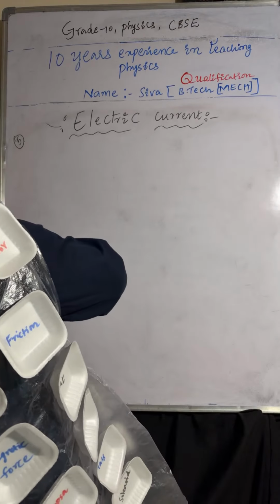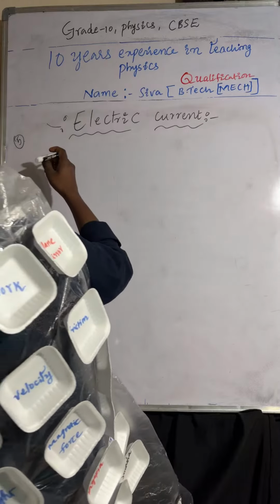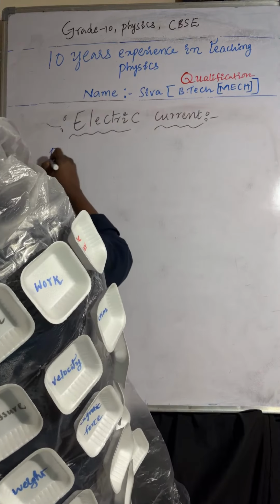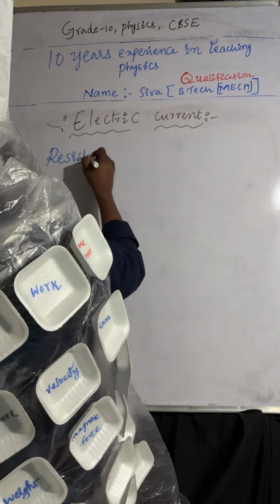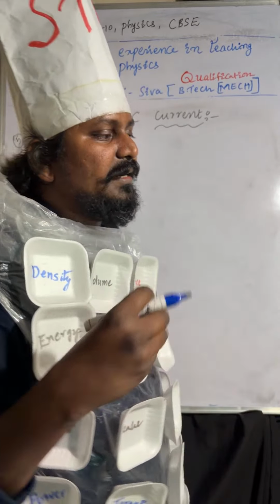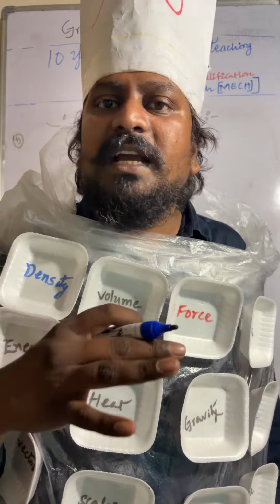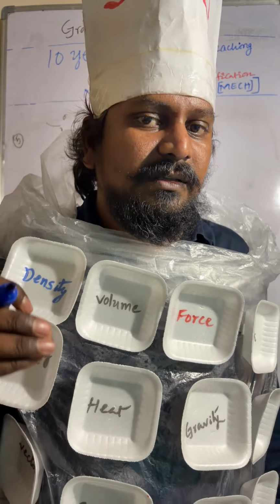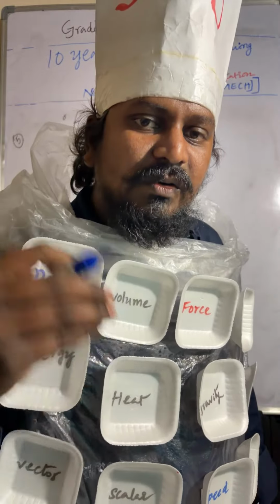Next, now we will discuss resistors connected in series combination. A derivation can be expected. We can't neglect each and every point, especially from electricity, electric current. That much importance you have to give.